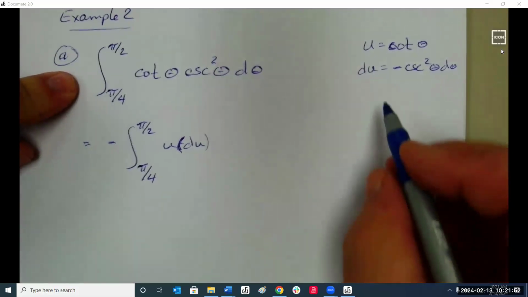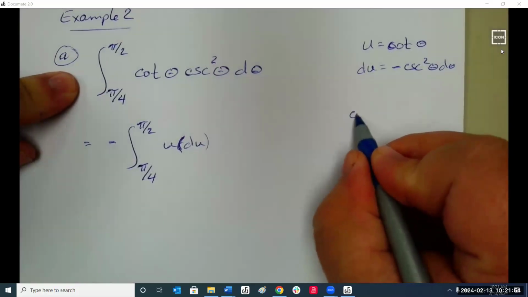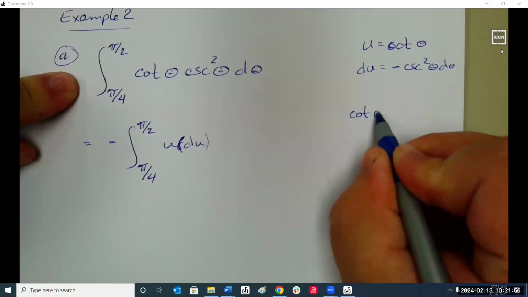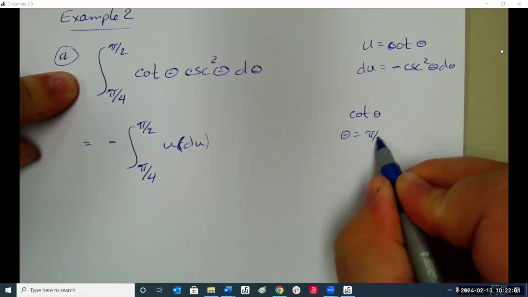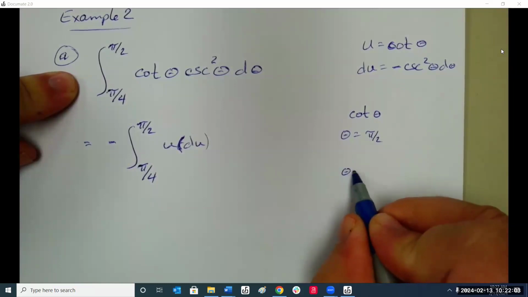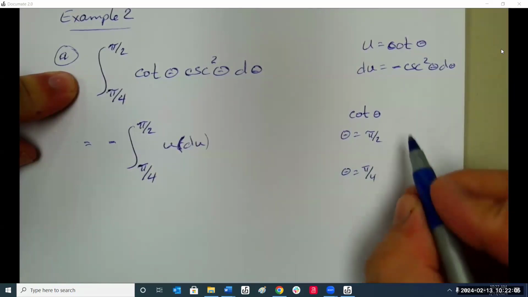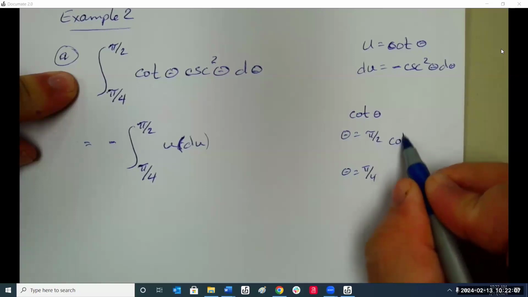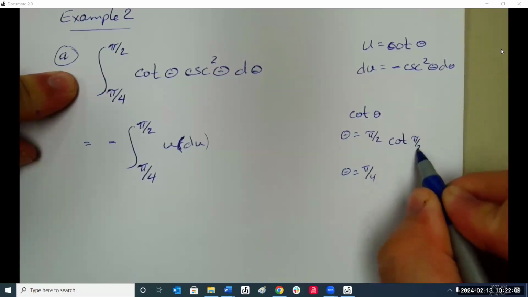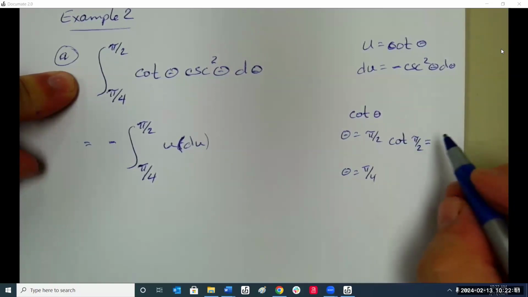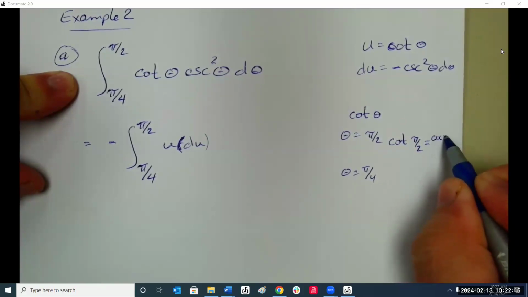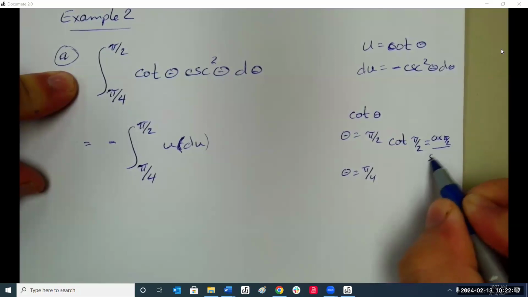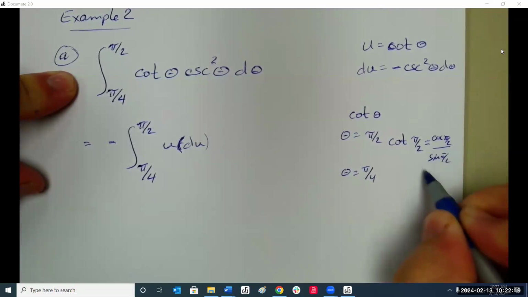So let's look at this. We have cotangent of theta when theta equals pi over 2 and when theta equals pi over 4. Cotangent of pi over 2 is cosine pi over 2 over sine pi over 2, which is 0 over 1, which makes it 0.